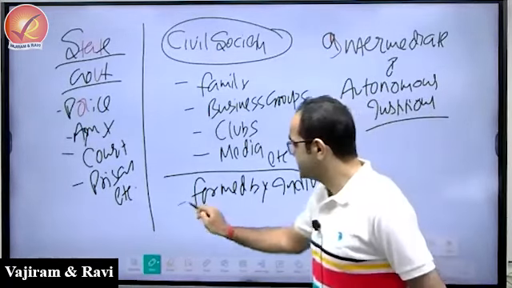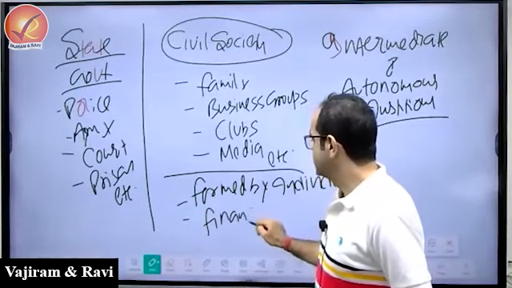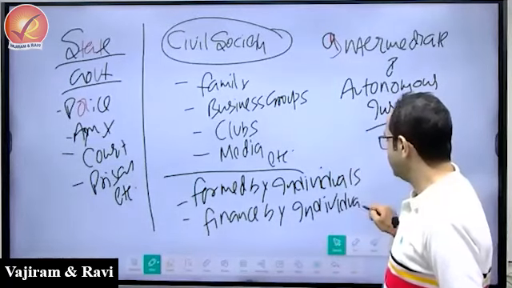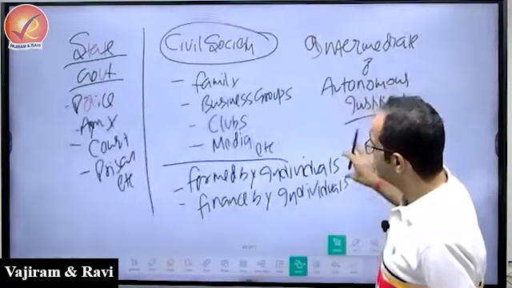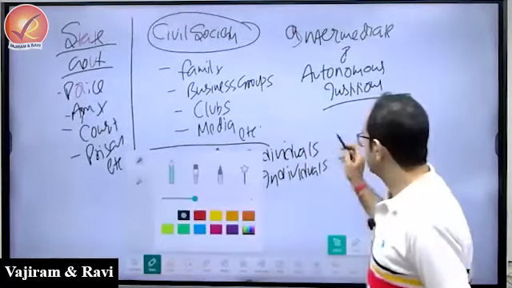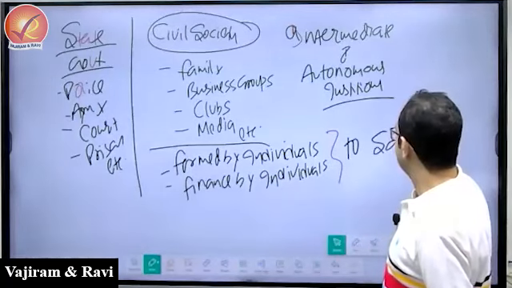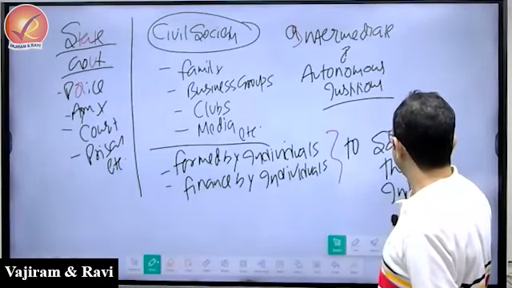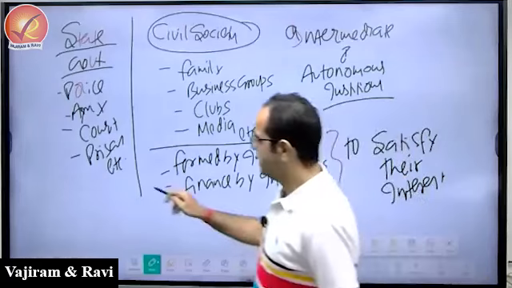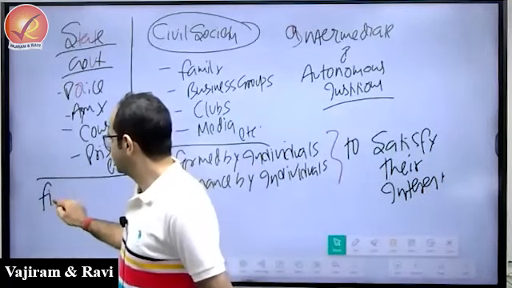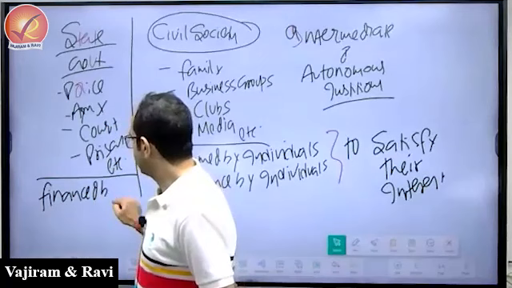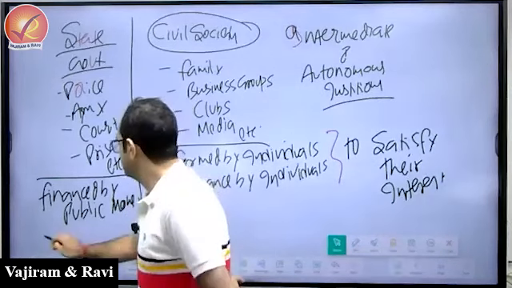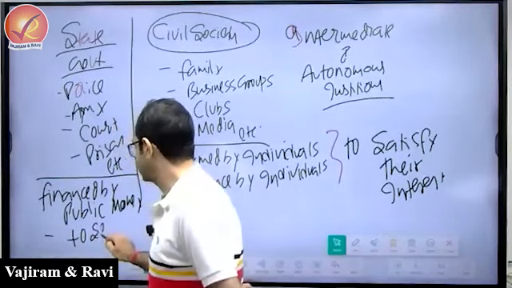It is financed by individuals. Civil society is institutions formed by individuals, financed by individuals to satisfy their interest, whereas the state institutions are all financed by public money, and the purpose is to serve the collective interest.